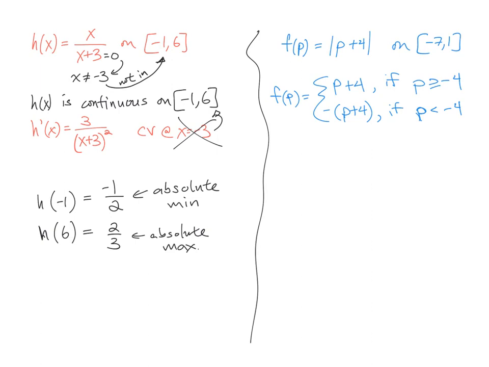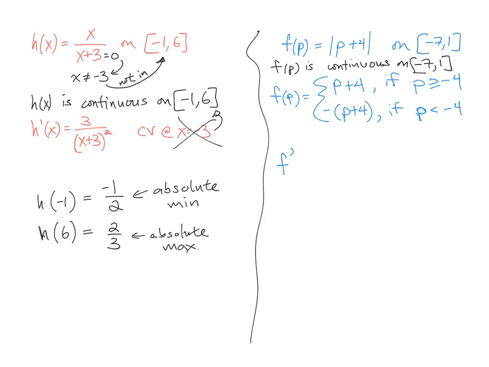All right, so now that we know that, we can, like I've been trying to do here, state that f of p is continuous on -7 to 1. Now that we have broken it down into a function that makes more sense to take a derivative of, we can take the derivative of this.